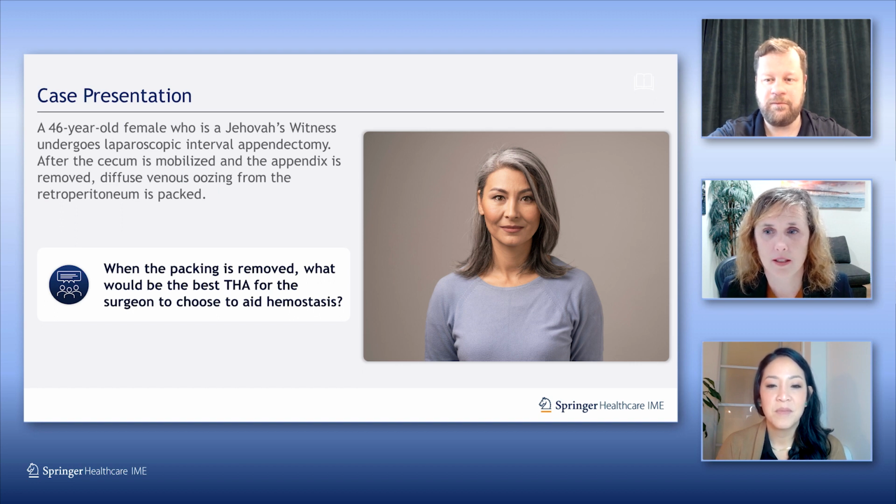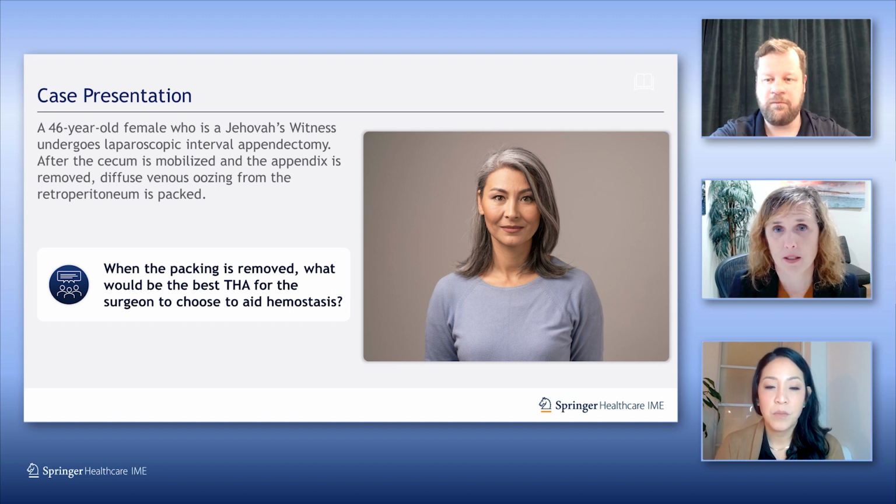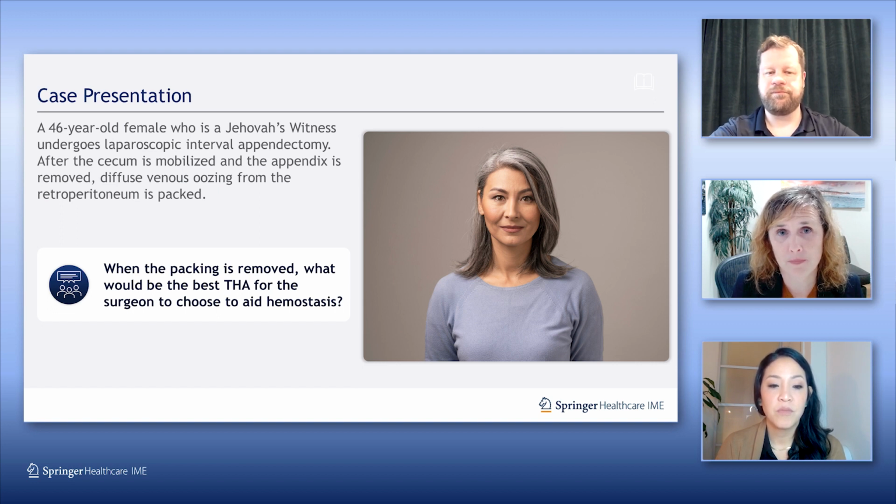But again, I think a flowable would be a good one to consider in terms of the ease of use and the coverage of this degree of bleeding. And you also might want to consider a powder, which I think would apply across a broad surface pretty well and might be another acceptable alternative.